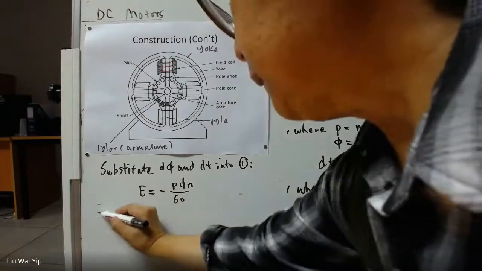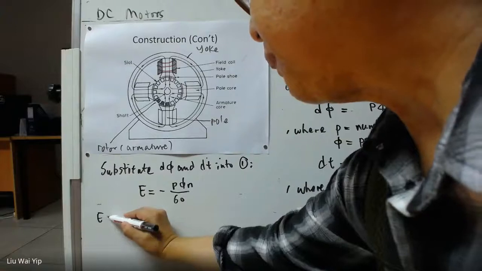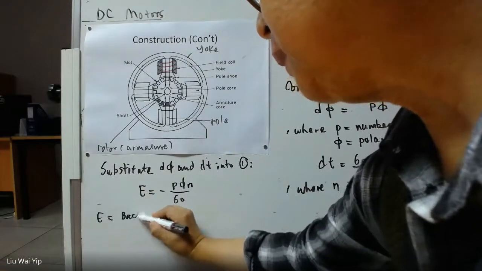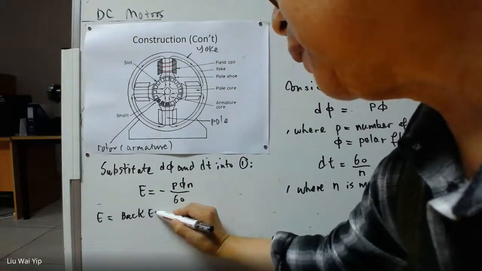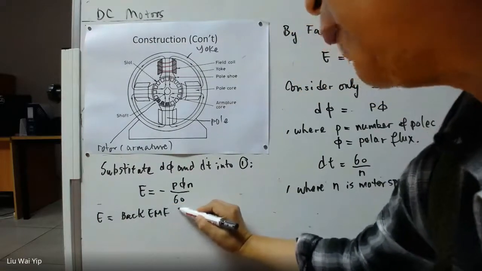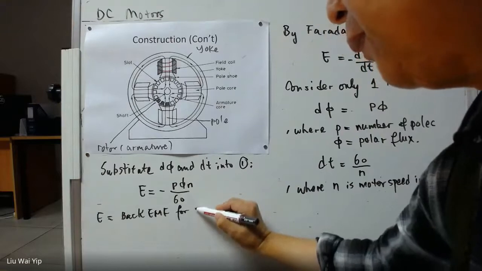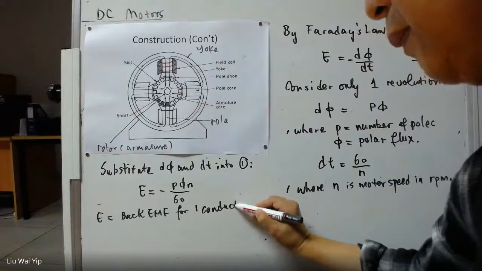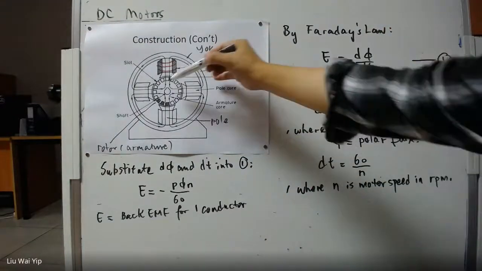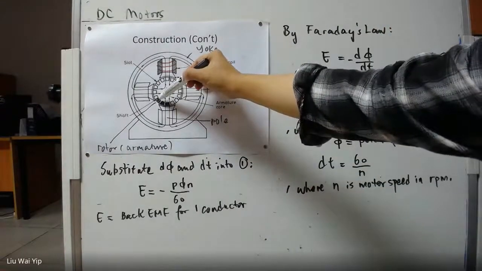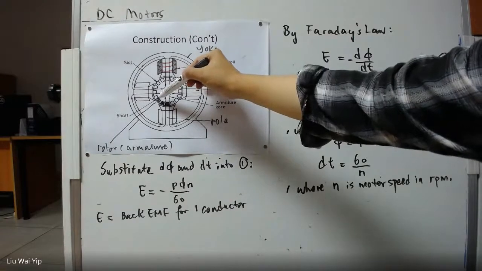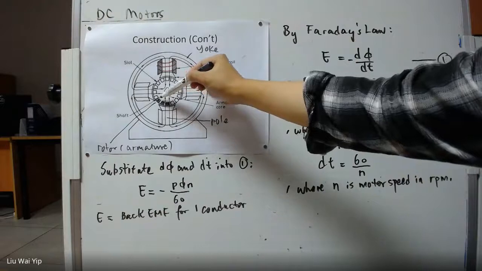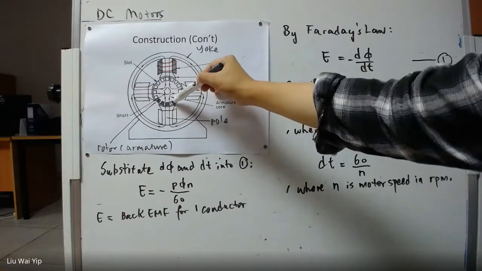So E is the back EMF for one conductor. Conductor means the copper in each of those copper slots here.